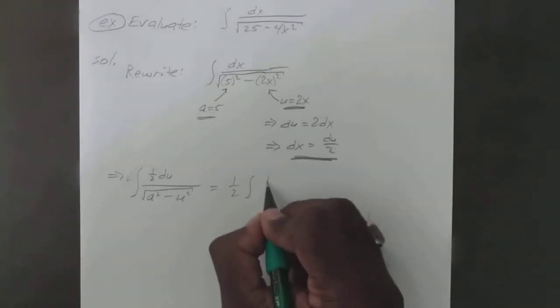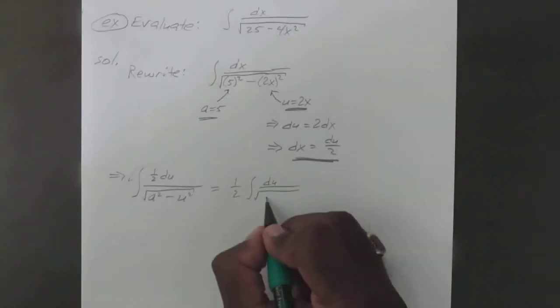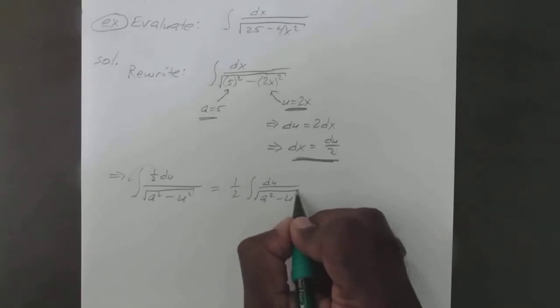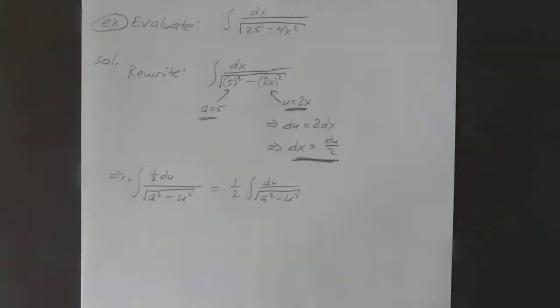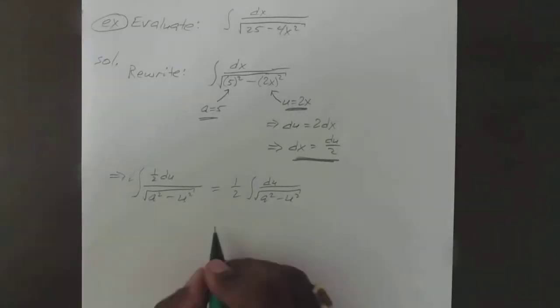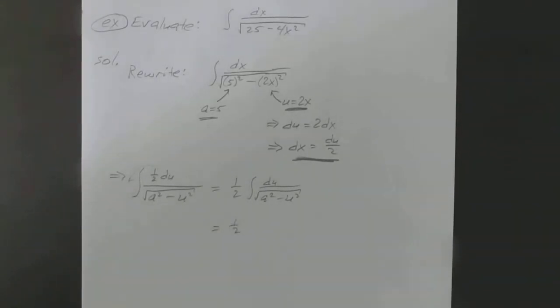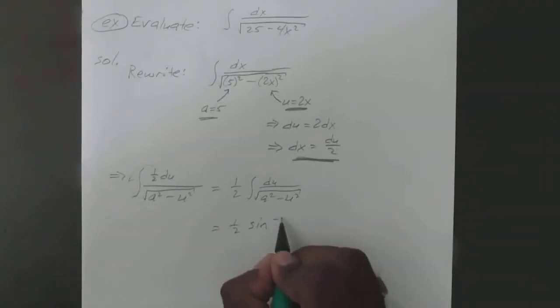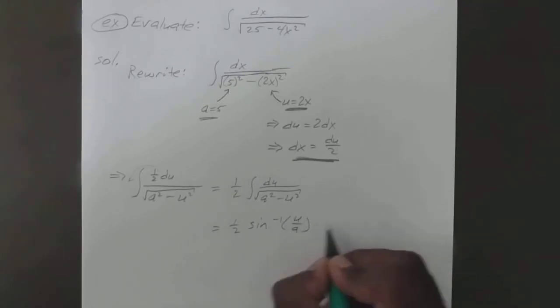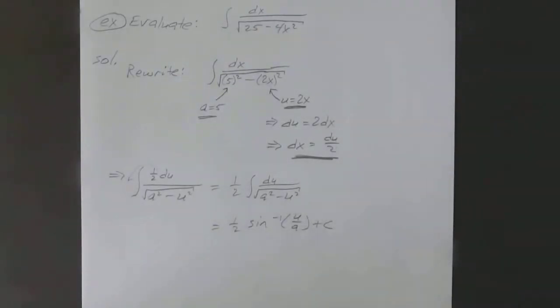Our u is equal to 2x, so we have our u squared. Okay, so we have everything plugged in. I'm just going to get that 1/2 and bring it out to the front. A squared minus u squared. Okay, so we have the perfect formula.